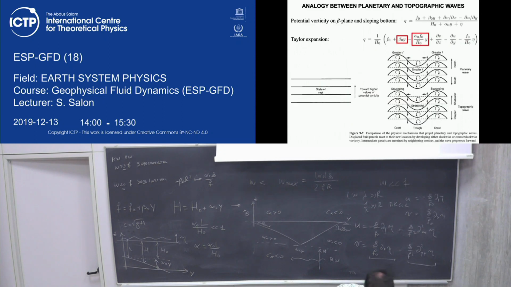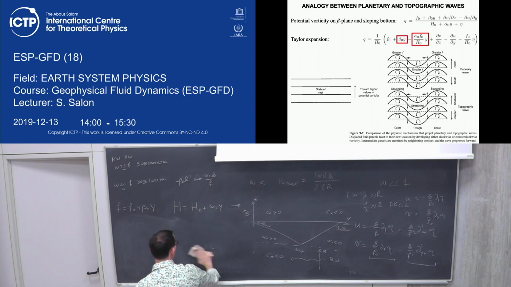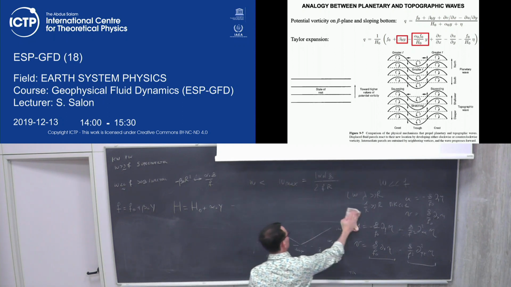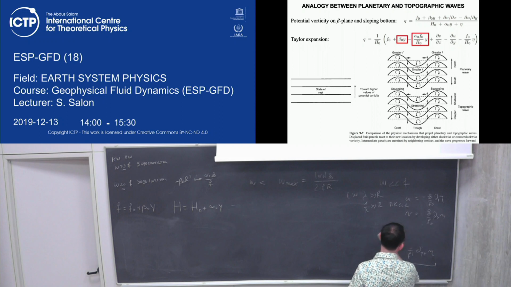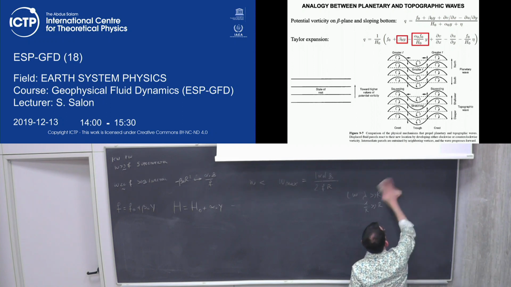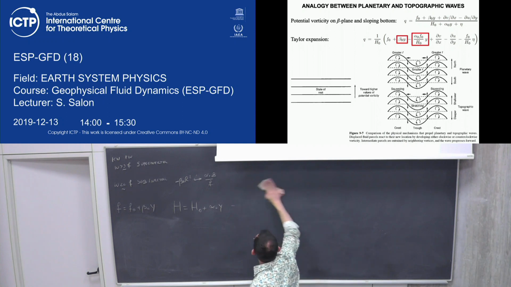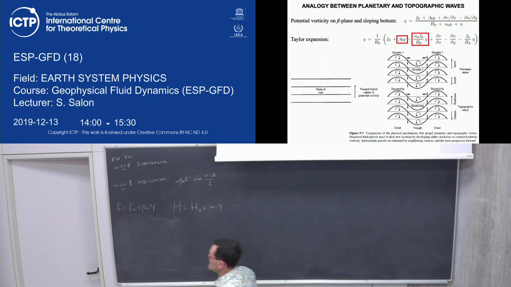So, just to conclude the lecture about the barotropic waves, we can further analyze this analogy between planetary and topographic waves. You remember we defined the potential vorticity as the ratio between the vorticity, expressed as the sum of ambient vorticity, which is f, and relative vorticity, which is the vertical component of the curl of the velocity, and the height.